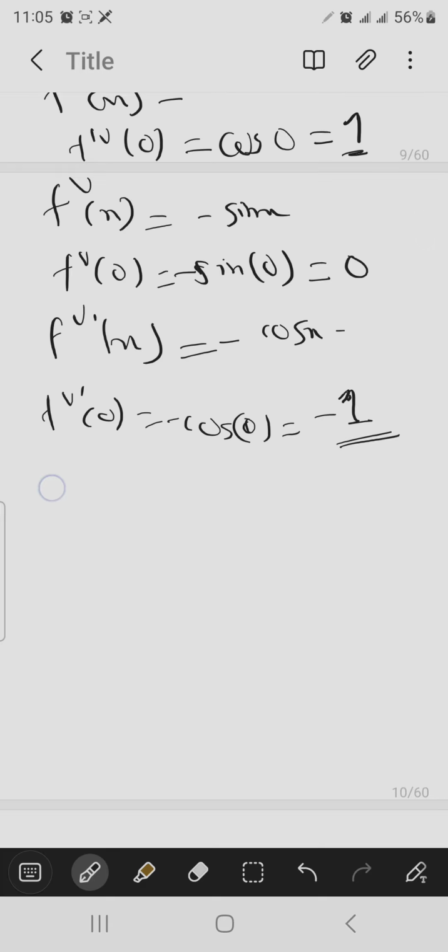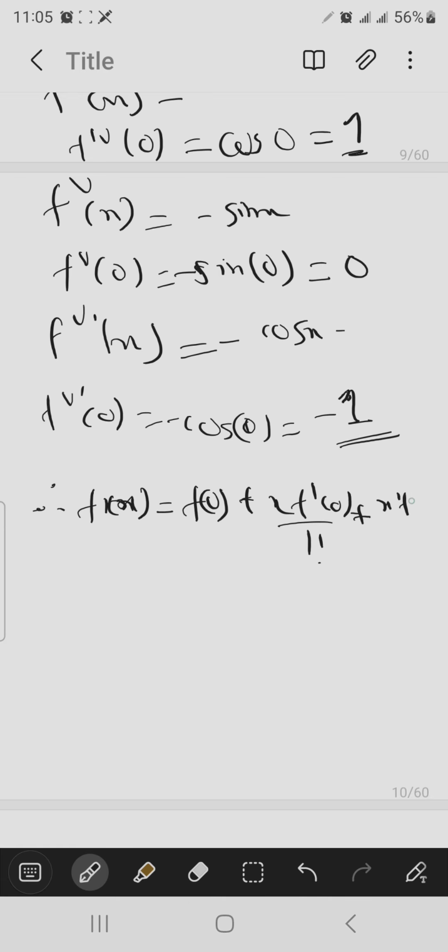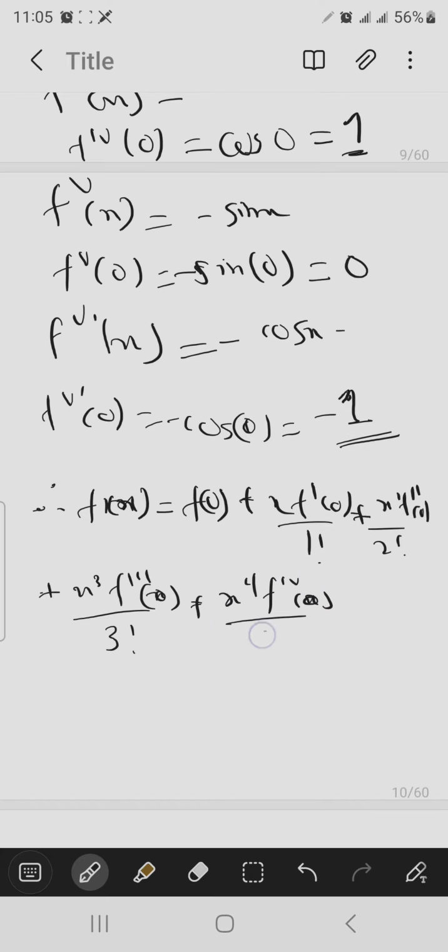So therefore f of x will be equal to f of 0 plus x f prime of 0 over 1 factorial, plus x squared f double prime of 0 over 2 factorial, plus x cubed f triple prime of 0 over 3 factorial, plus x to the 4 f fourth of 0 over 4 factorial, plus x to the 5 f fifth of 0 over 5 factorial, plus x to the 6 f sixth of 0 over 6 factorial.